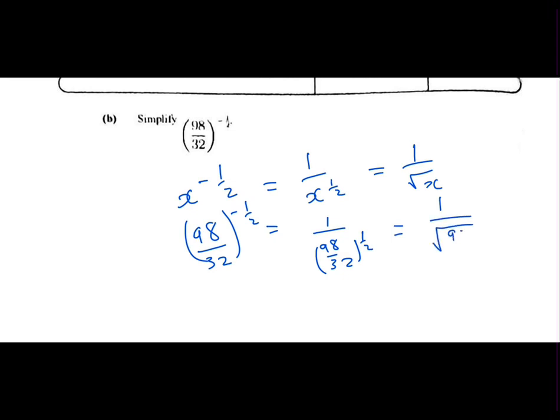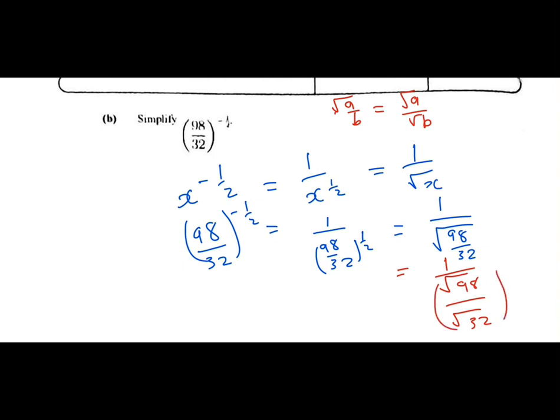So it will be the same as 1 over the square root of 98 over 32. Again, according to the rules of indices, if we have a number a over b and we're looking for its square root, it is the same as the square root of a over the square root of b. So in this case, it would be 1 over the square root of 98 divided by the square root of 32.